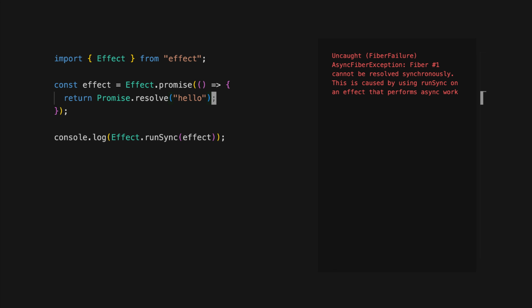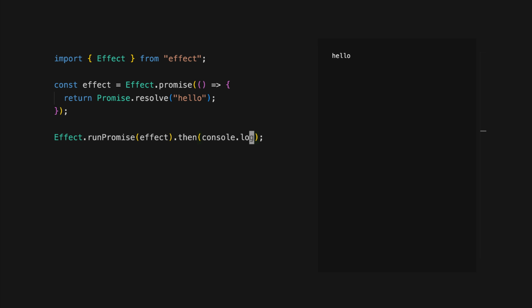As such, what computation it holds doesn't matter for it. When composing effects, we don't care whether we are dealing with synchronous or asynchronous operations. But when we run an effect, we need to tell the runtime whether we are expecting the result synchronously or asynchronously. In this case, since we are executing an asynchronous operation, we need to use runPromise to execute this effect. And there we have it.